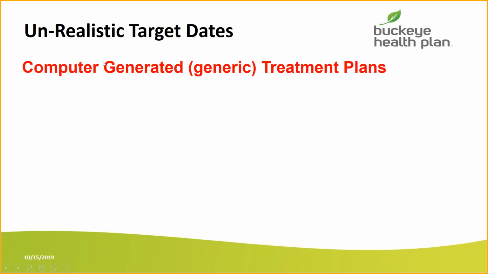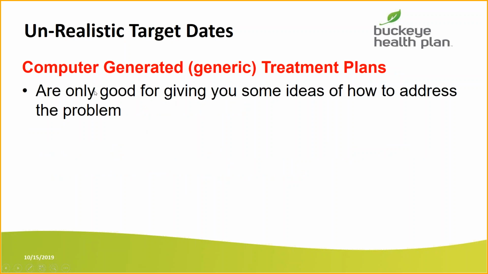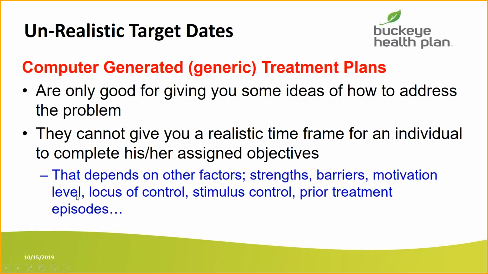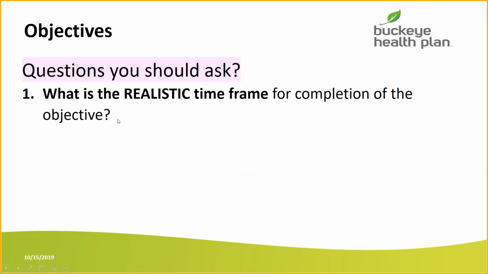So unrealistic target dates, I see a lot when the computer-generated treatment plans are used. I would say they're good only for giving you some ideas of how to address the problem. They can't give you a realistic time frame for an individual to complete his or her objective because it depends on other factors: strengths, barriers, motivation level, locus of control, stimulus control, prior treatment episodes, and so on and so forth.